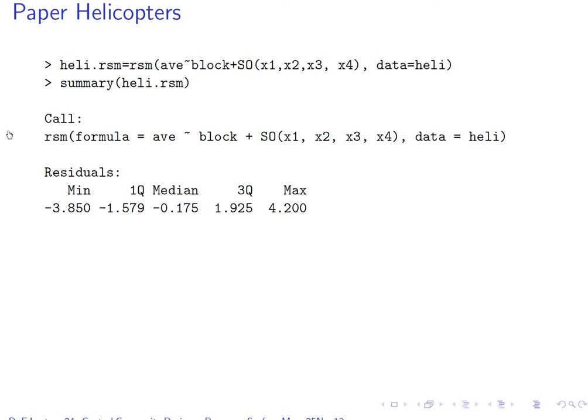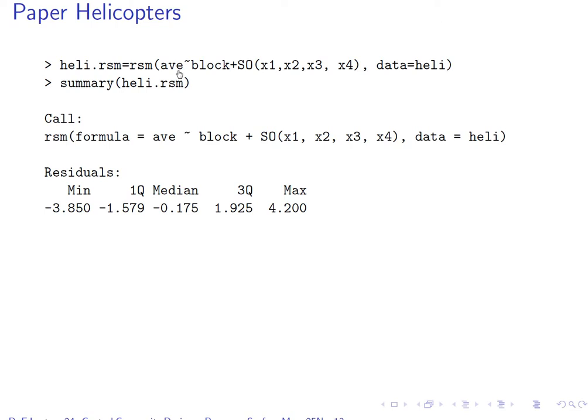I'm saving that in an object called HELI.RSM, and the model that you see is that the average of the flight time depends on block. Remember, there were 2 blocks, and SO means second order surface of the 4 factors, right?